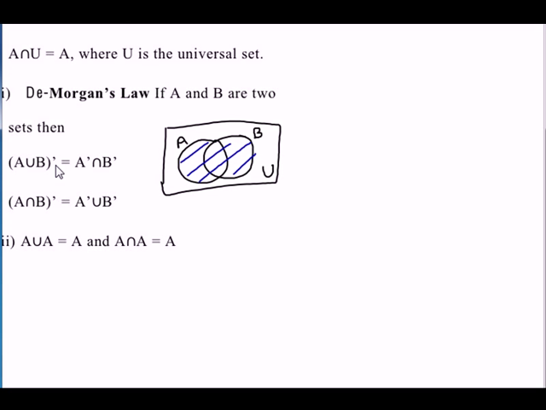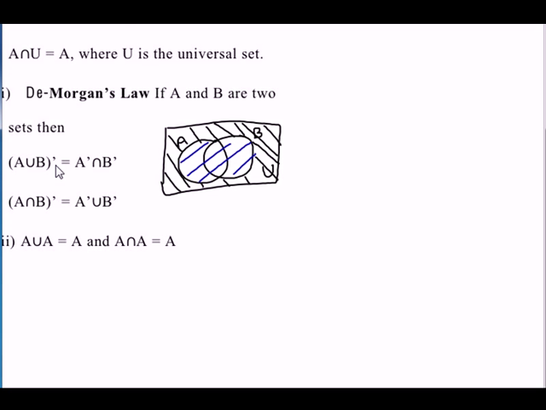So we've got A union B represented by the blue lines, and A union B complement would be something represented by these lines here. Essentially everything that's outside of these two circles. So the black lines represent the equivalent of A union B complement.